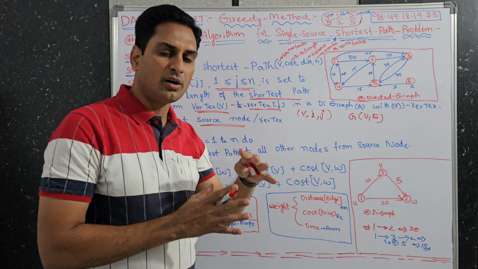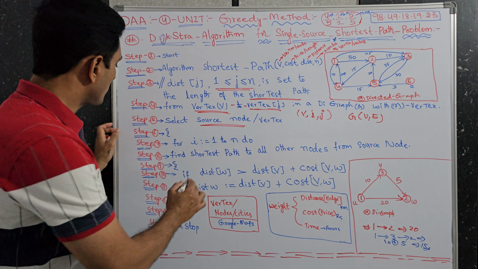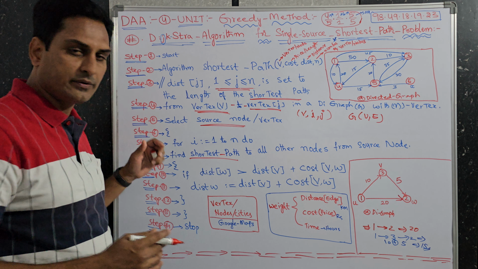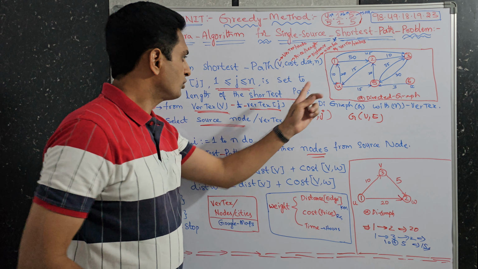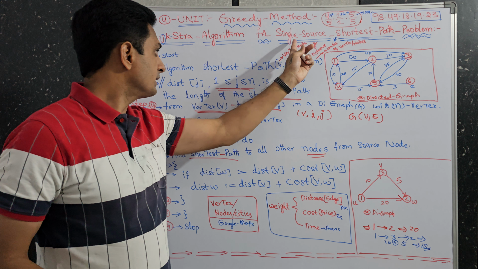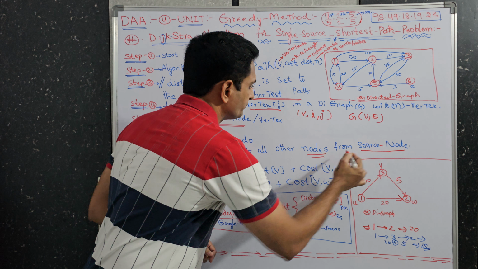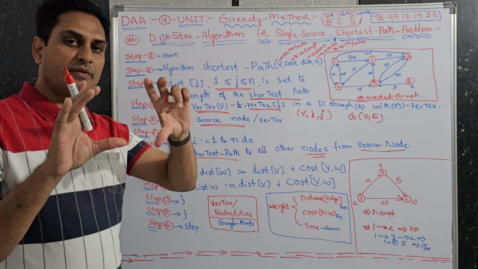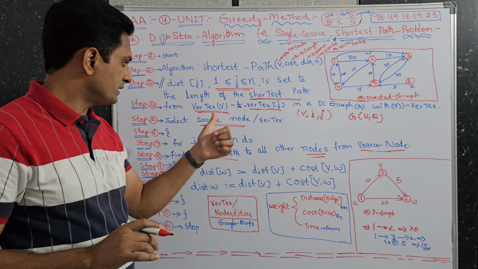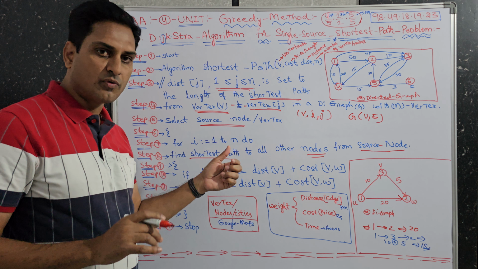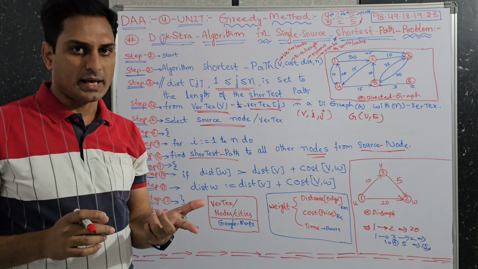We need to find all the shortest distances, the shortest way to all other nodes from the source node, the source city, that is nothing but a single source. From the single node. Watch my videos in horizontal mode on your mobile phone and zoom a little bit. You can see the text font better, and kindly use earphones for better voice clarity.